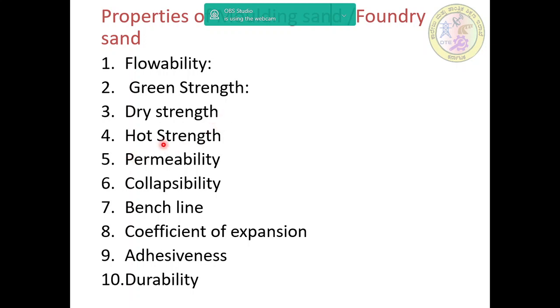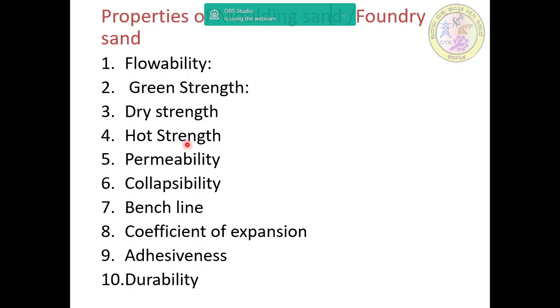Next, we'll go for hot strength. It is the strength of the sand mold at high temperatures above 100 degrees centigrade. That is, if the hot strength of sand is good at 200 degrees centigrade, it means that the sand has the necessary strength when the sand is heated and held at 200 degrees centigrade.